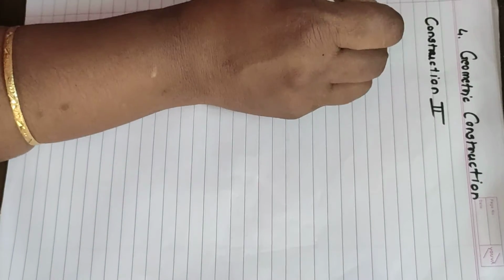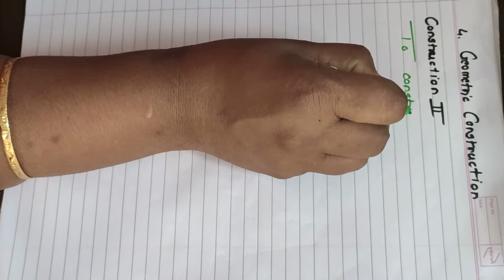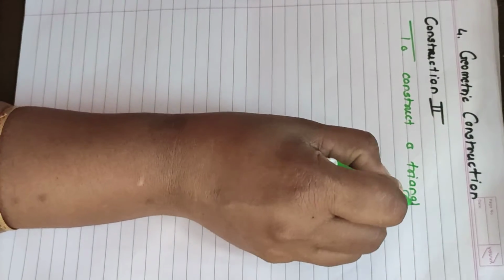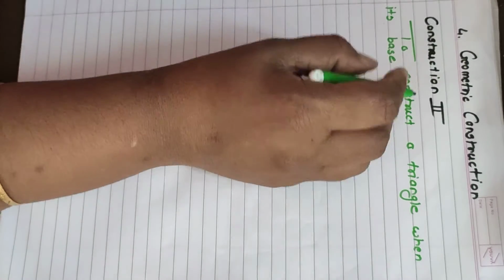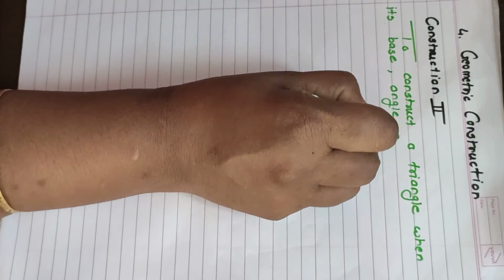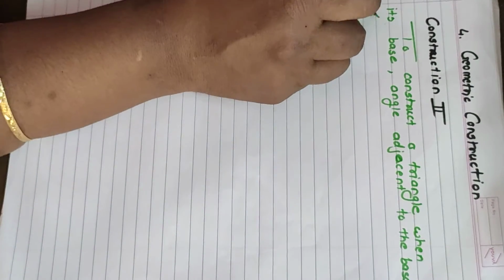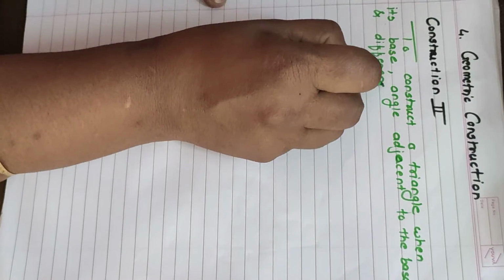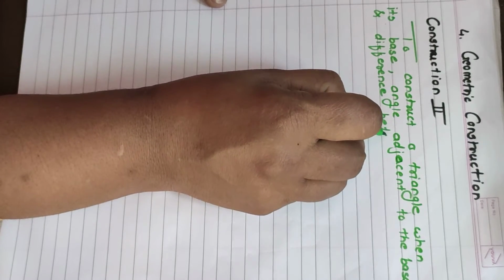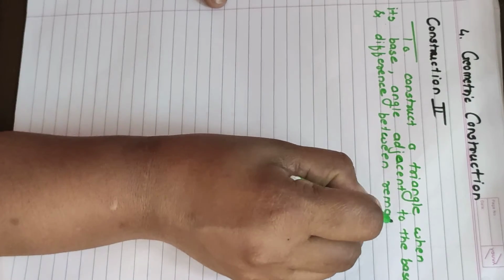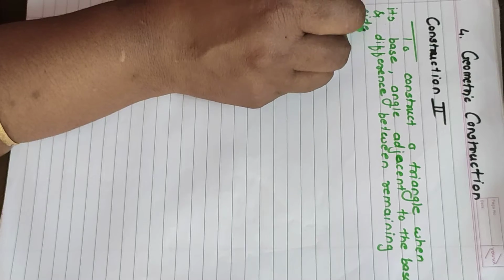Construction number 2. In this construction, the heading is to construct a triangle when its base, angle adjacent to the base, and difference between remaining sides is given.